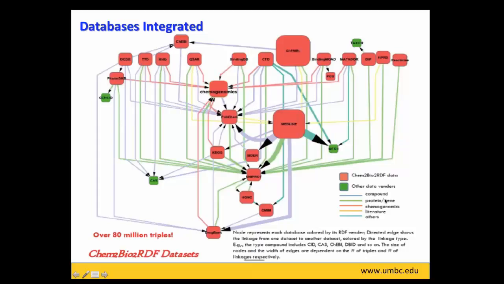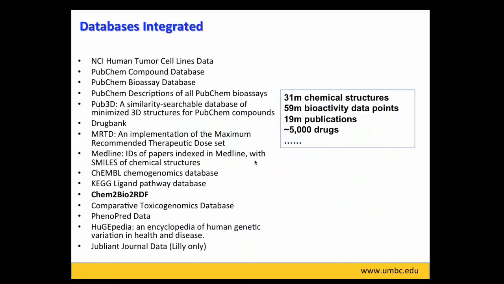And different types of data set concepts have been used, like chemical compound, protein, genomics and literature, and also we have some of the systems biology data like KEGG data, pathway data, and SIDER, the adverse events drug data. So there's a lot of data integrated into this one single resource we call Chem2Bio2RDF.